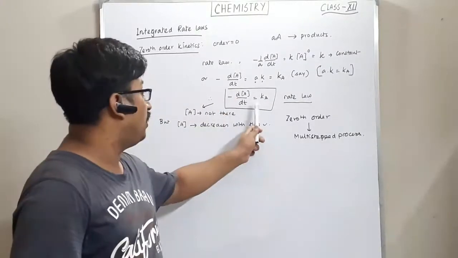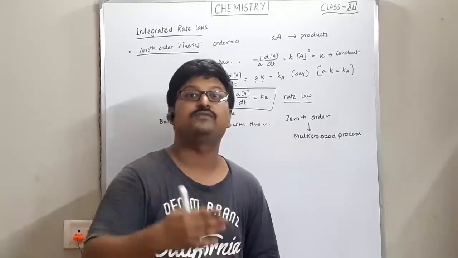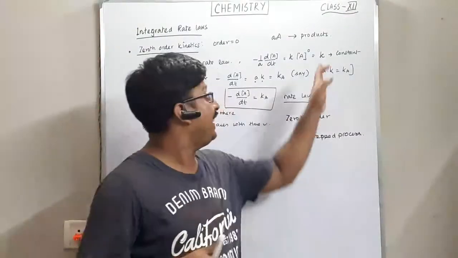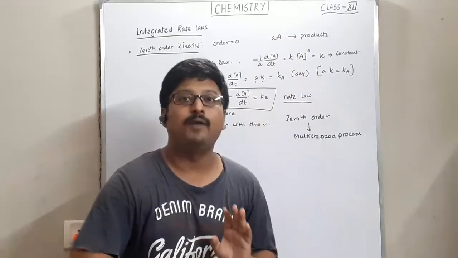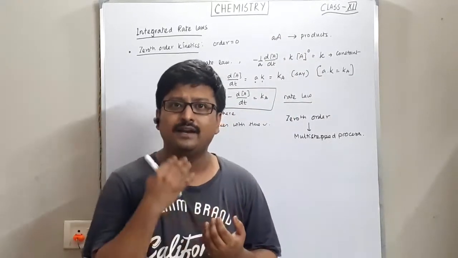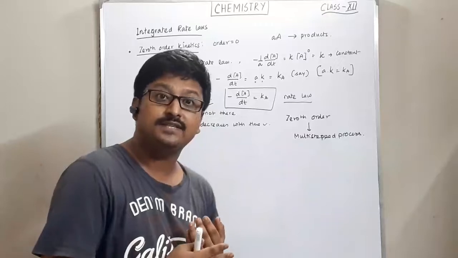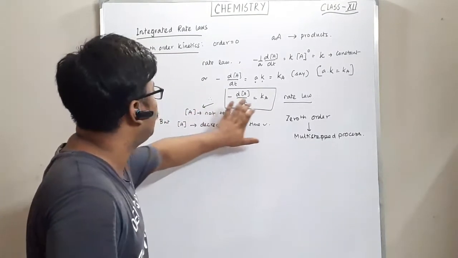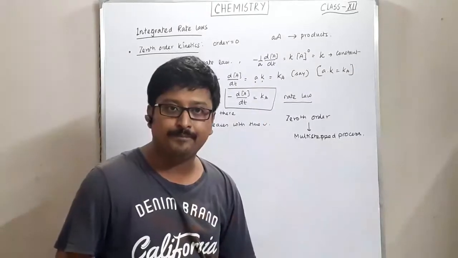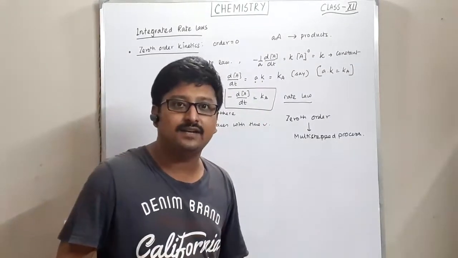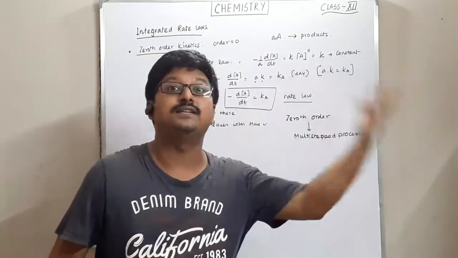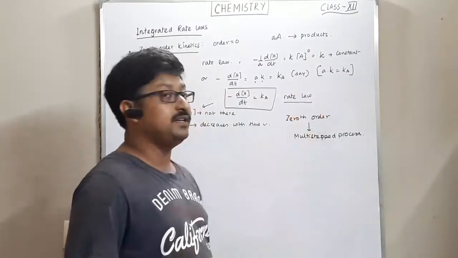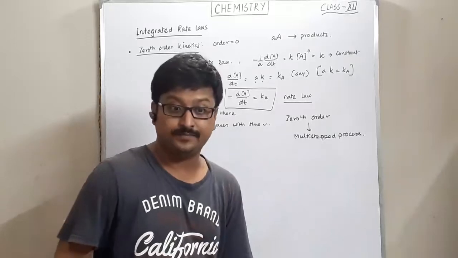Since the rate law, which actually gives you the information of the rate determining step, makes no mention of A, the reactant, but experimentally the concentration of A decreases with time, that means A is not there in the rate determining step, but it is there in the other steps of the reaction. So we can say the zeroth order reaction is a multi-step process.